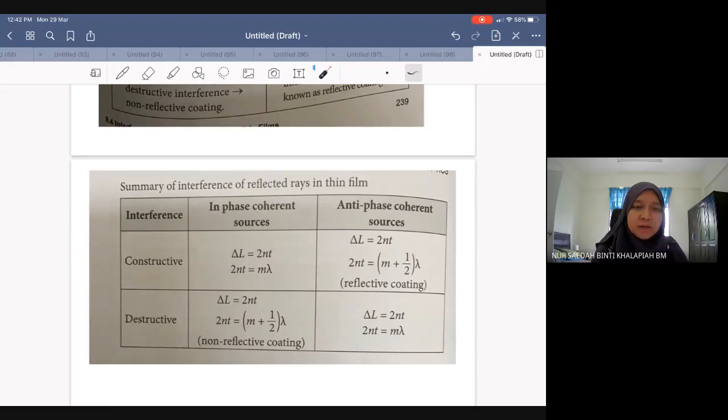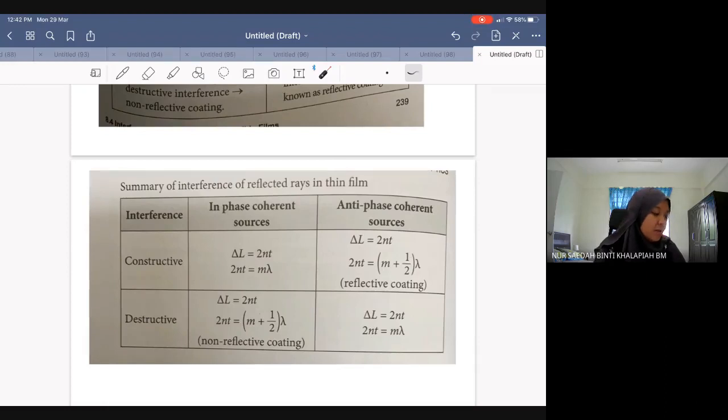Kalau incident ray kita adalah dari higher index refractive to a lower index of refractive, so reflection ray has no phase change. So perubahan fasa adalah zero because no phase change. Okay, itu adalah learning outcome yang pertama, to identify the occurrence of phase change, open reflection.